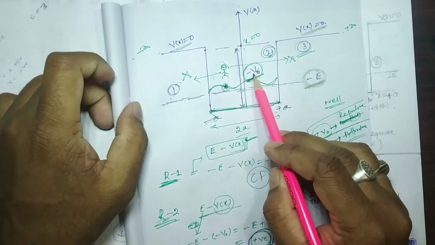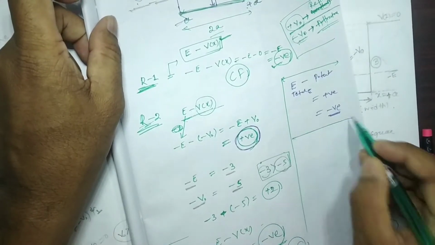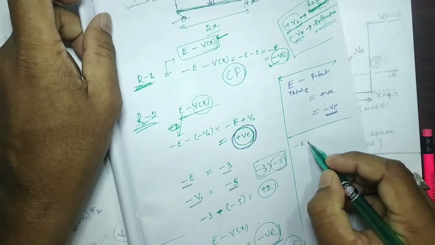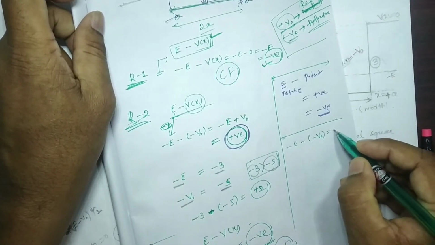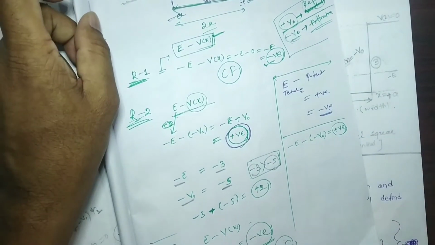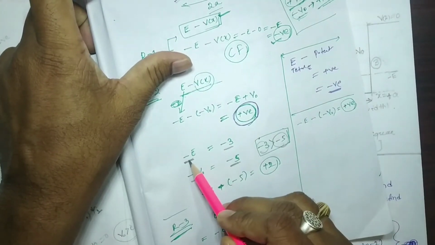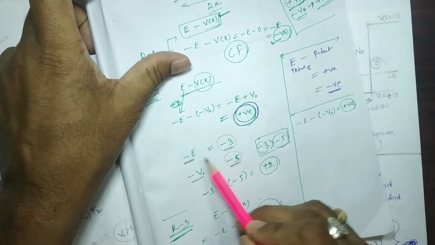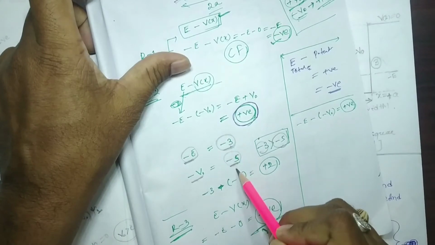If greater than V0, then according to the standard rule, minus E minus of minus V0 will be a positive value. Here we took one example: minus E is minus 3, minus V0 is minus 5. So here the total energy value is greater than this value.